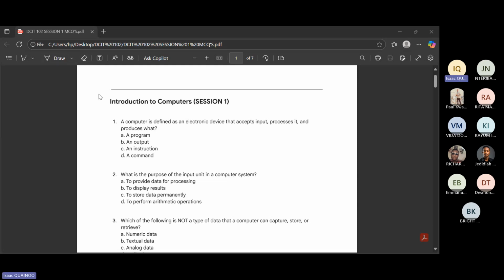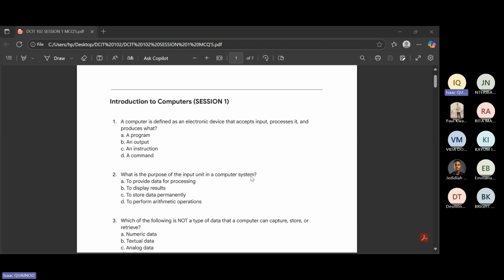A is a program, B is an output, C is an instruction, and D is a command. Okay, so who is answering this for us? We have to make this very, very fast. Okay, Mr. Interiba.